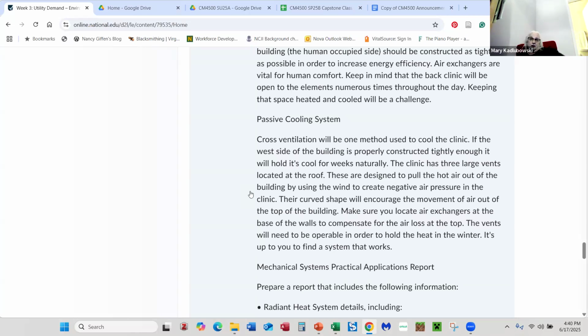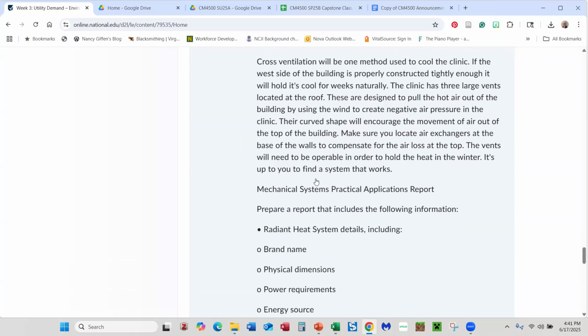You can use that also for passive cooling. You put some ducts underneath the slab and you run air through that to heat it in the summer but cool it in the winter. And you also can put vents in your roof to cross ventilate, and you can have e-vents as well.